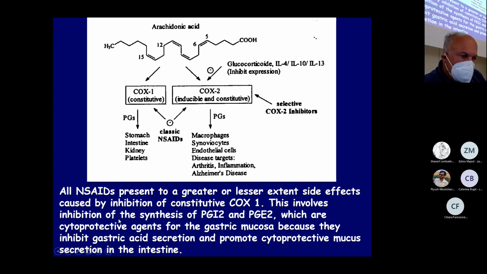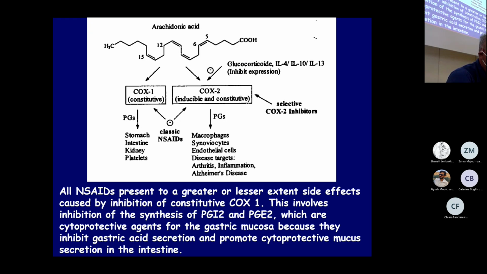Please remember the most important severe side effect, which is the attack of these drugs on the parietal gastric cells.